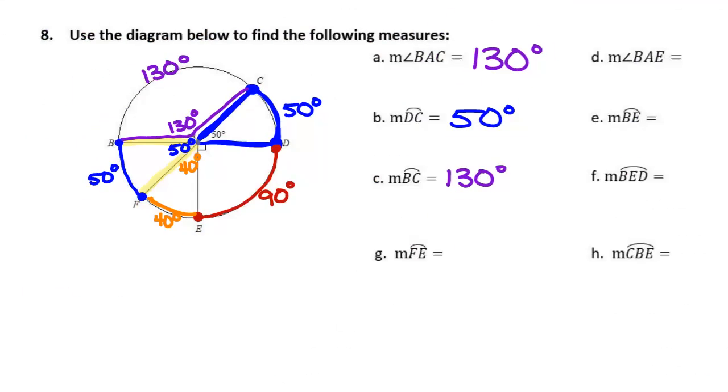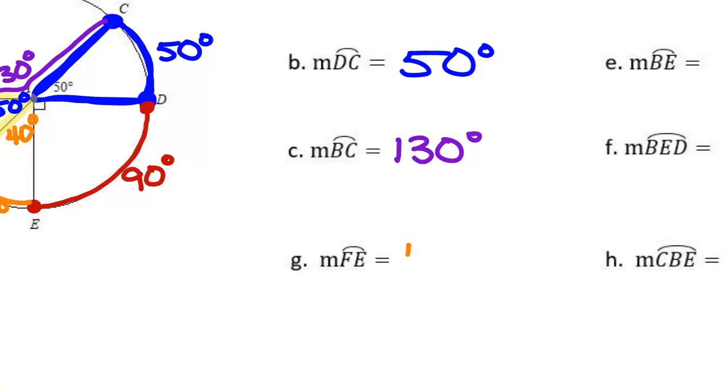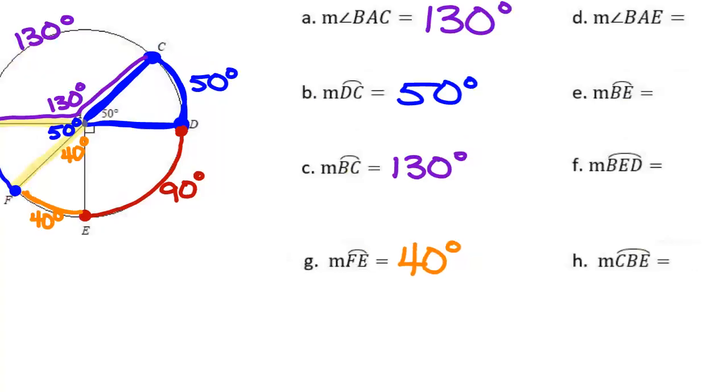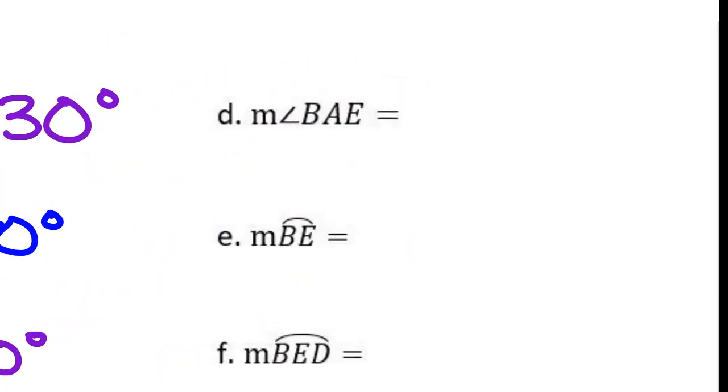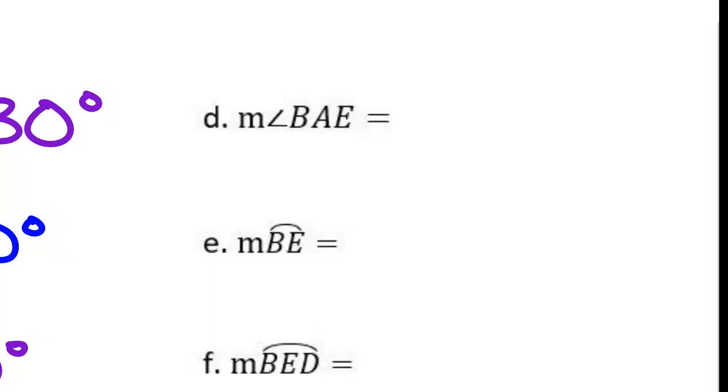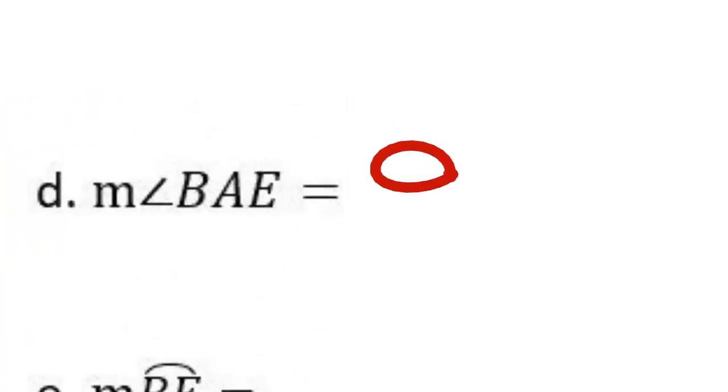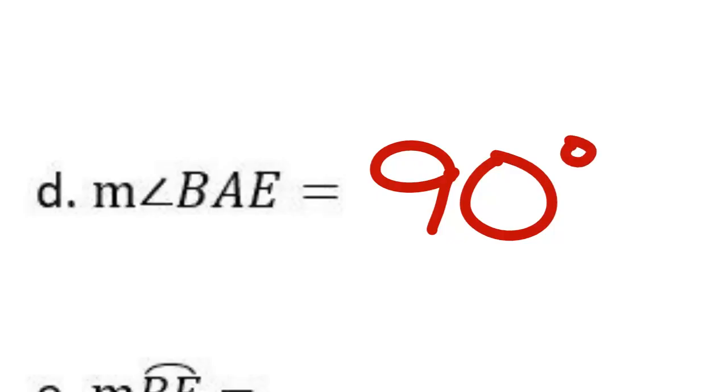How big is arc FE? 40. All right, then we're back to an angle. Angle BAE. 190 or 90? 90, yes. We add the 40 and the 50 together to get that 90.